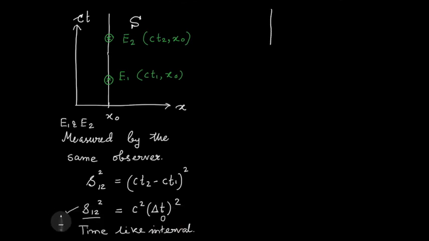Okay, now let us look at the same events happening from a different reference frame. So this is x prime now, ct prime, and let's ask the question. This is the different reference frame where the relative velocity between these two reference frames is v.